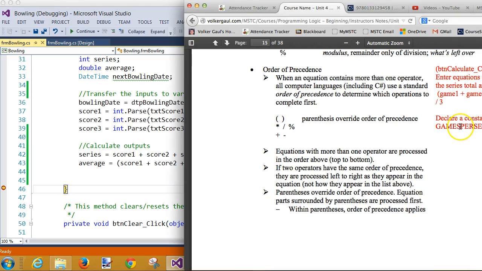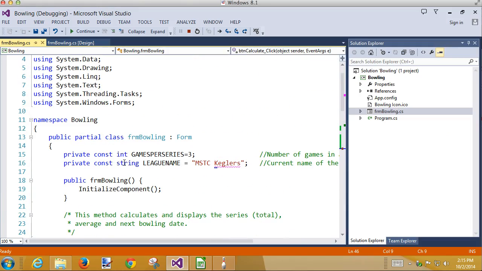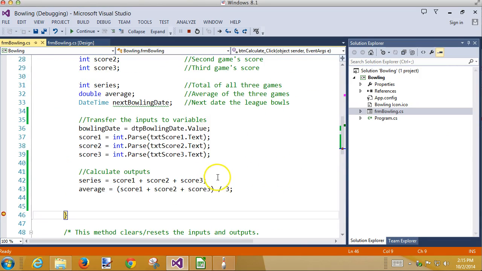Oh, didn't we declare a constant called games per series? Yes, we did. So that 3, the little hairs on the back of your neck were supposed to be standing up. Right, because we're typing in a literal. Whenever you type in a numeric literal, a number like that should make you nervous. You should stop and think, should I make that a named constant instead? In this case, to improve the readability, we said yes.